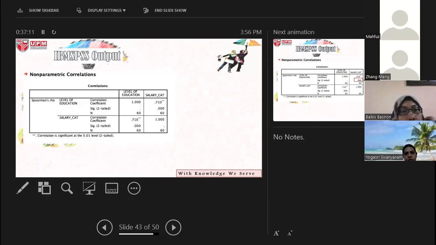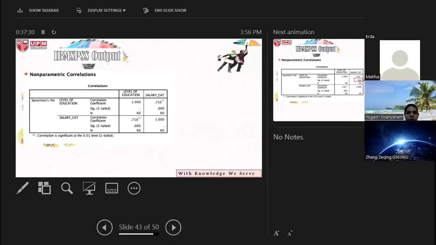So this is the finding. Do we have a similar finding? For a Spearman rank order correlation, there is no descriptive table because it is not possible to compute the mean and standard deviation for ordinal or categorical data.